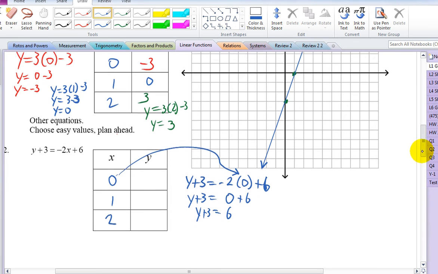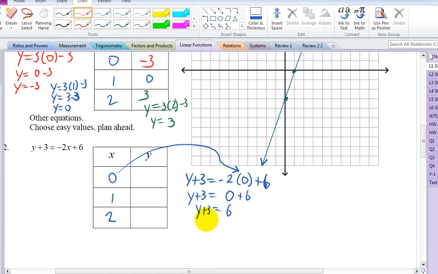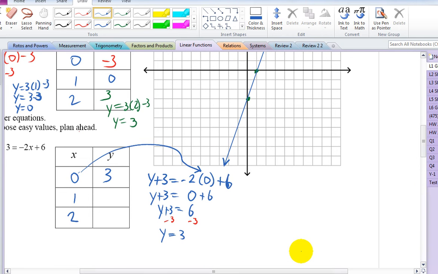How am I going to move this plus 3 to the other side? Subtract 3. Good. That's a very important idea. So y simply equals 3. Go ahead and do the same thing, except x equals 1 now.